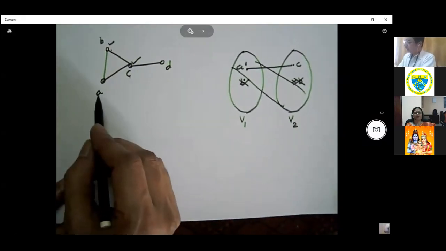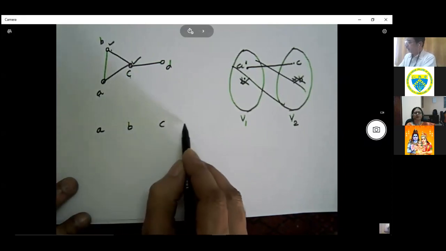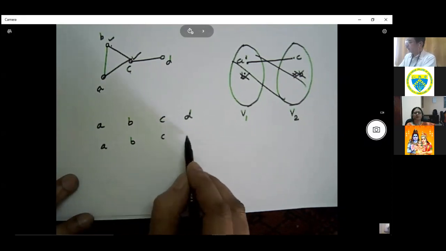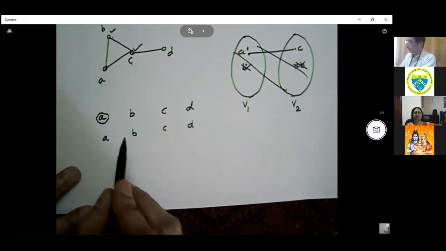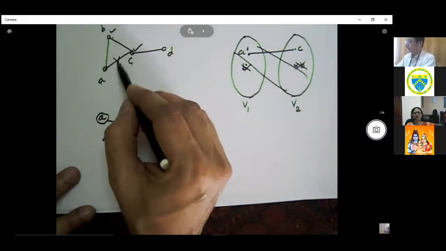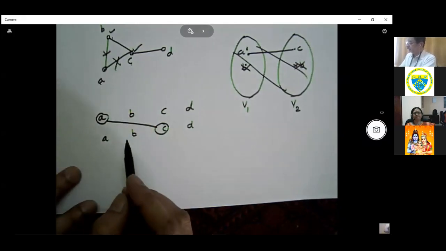For that, you take the vertices A, B, C, D and replicate them. Again, write A, B, C, D. Now, AC is an edge, therefore from A to C write an edge. Next, AB is an edge, so from A to B write an edge.